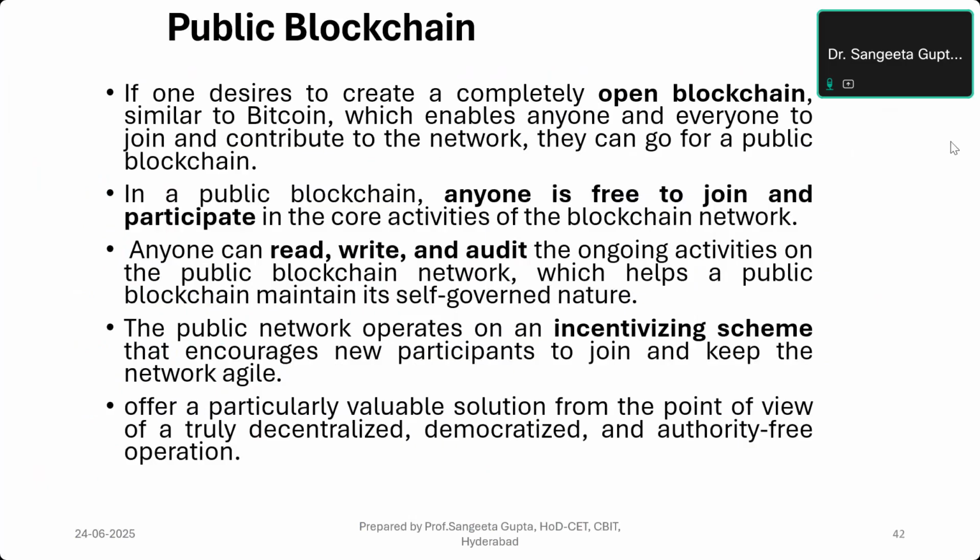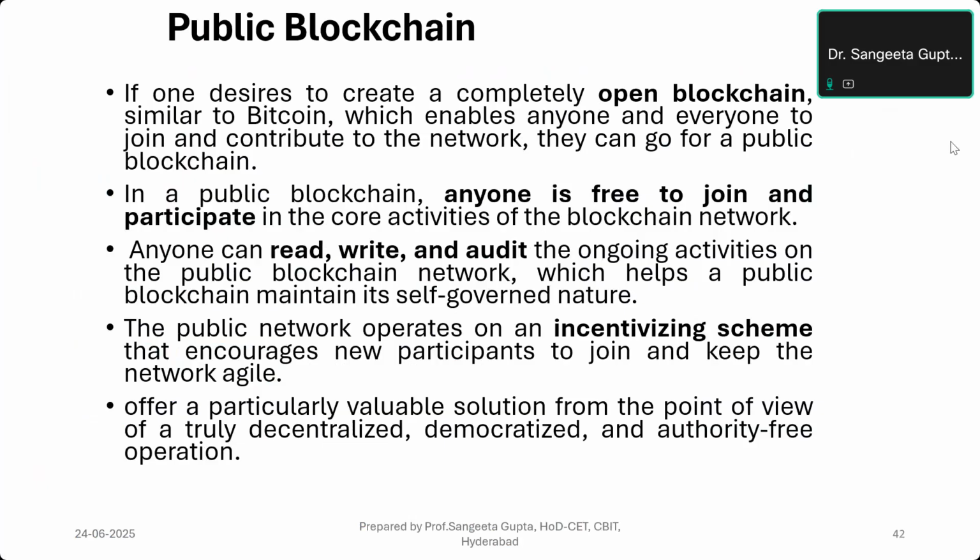Coming to the first kind of blockchain, that is public blockchain, it is basically an open blockchain network, and here the users need not take any prior permission. They can join the network, they can contribute to the network, and they are free to even get involved in the various activities that take part across the blockchain network.